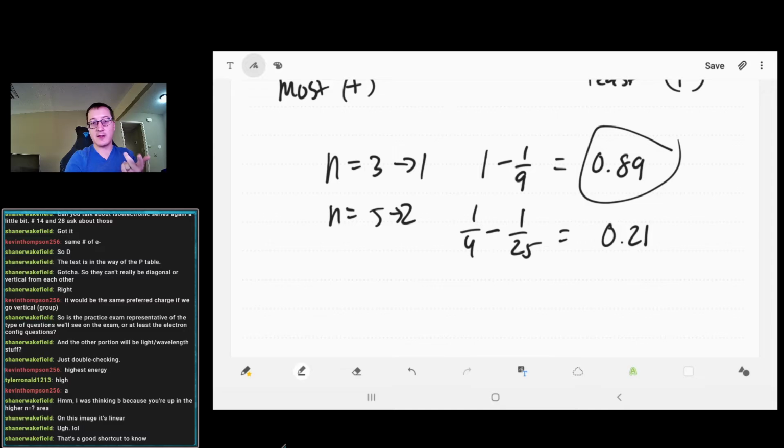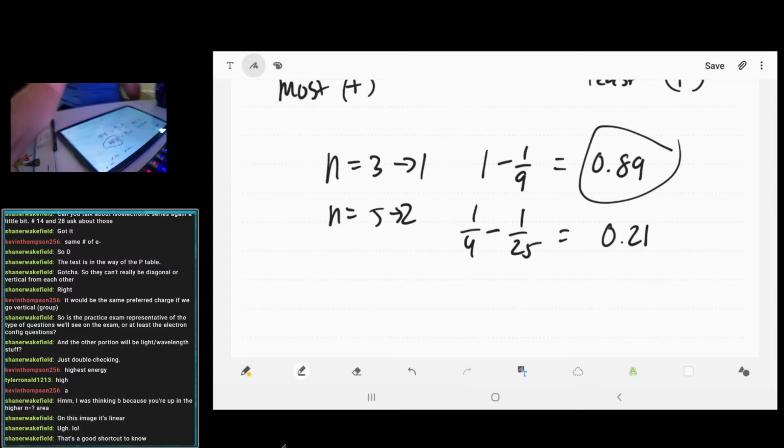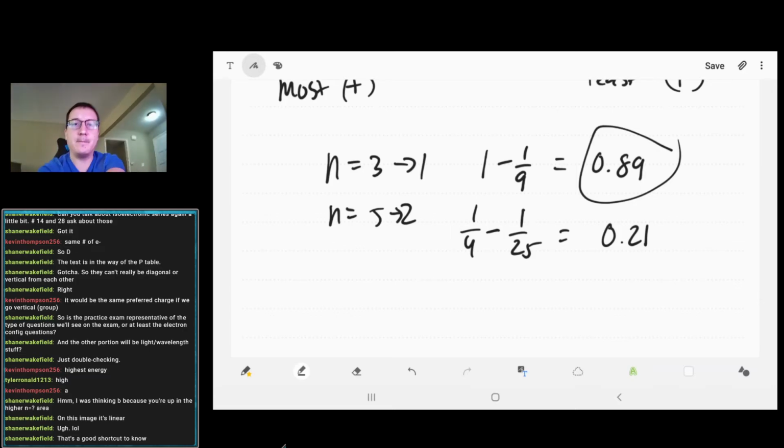So this is the only thing that's different in those two equations. If you're confused about the graph, you could always just calculate it. I think this is actually how I did some of the stuff on the homework key, where I just calculated the 1 over n squared thing, rather than actually comparing.